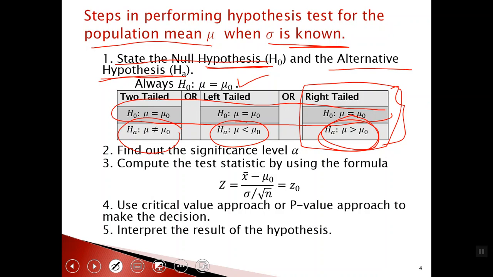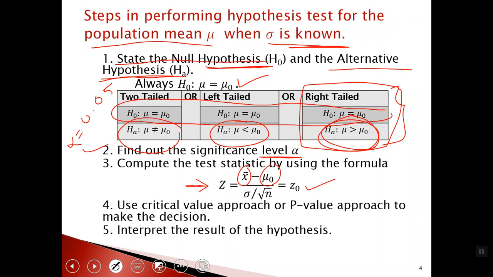Second one is to find the significance level. You have to figure out what your alpha is in your problem. If they haven't mentioned alpha, you can take alpha equals 0.05, that's the default value. Then you have to calculate your test statistic: sample mean minus given mean mu naught, divided by sigma over square root of n. Then you get that calculated Z value, let's denote it by Z naught.